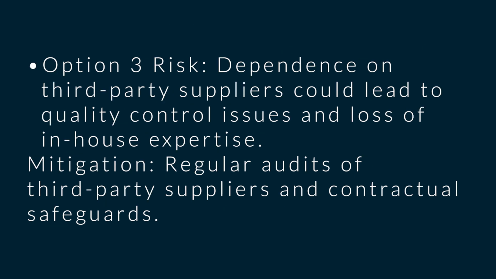What about option 3? Since that is outsourcing, there's going to be a lot of dependency on third-party suppliers, which could lead to quality control issues and loss of in-house expertise. The mitigation is that we regularly audit the third-party suppliers to ensure there is contractual safeguard.